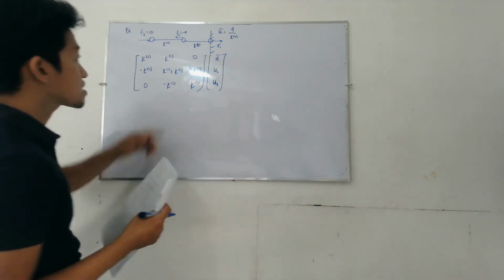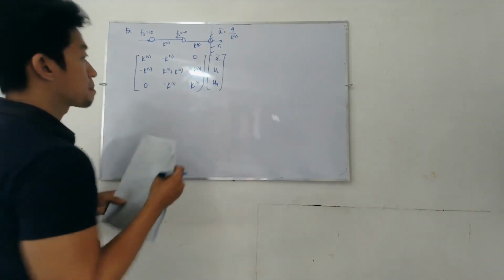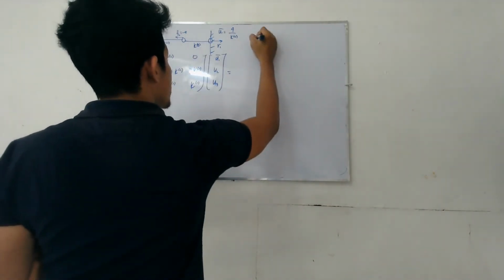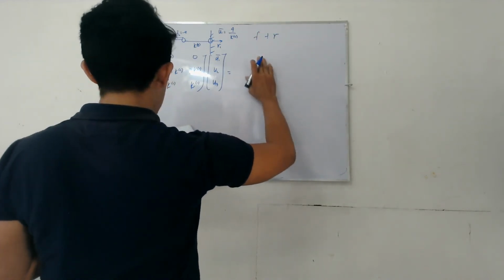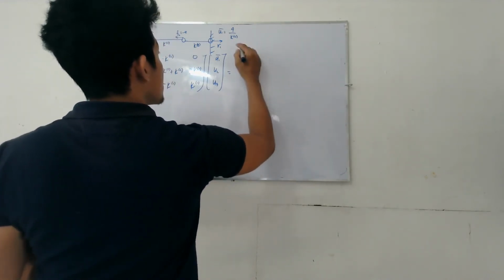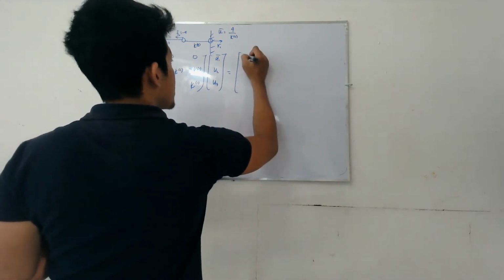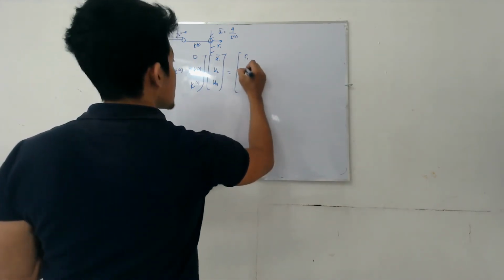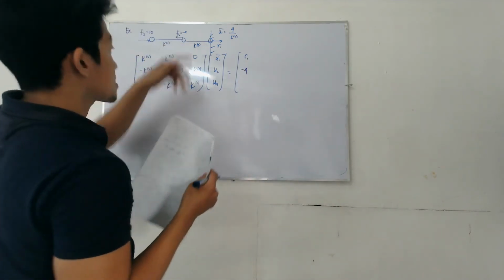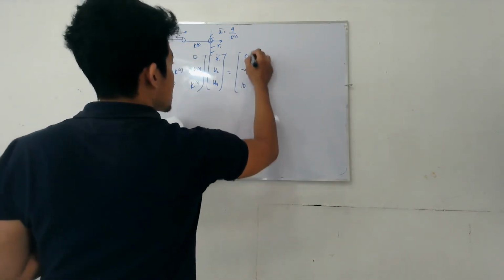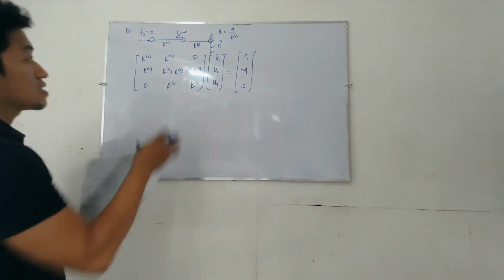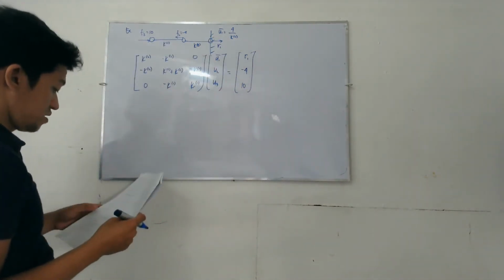The given is U1, equal to F plus R, so R1 is given. F2 is negative 4, F3 is 10. This is the overall equation.